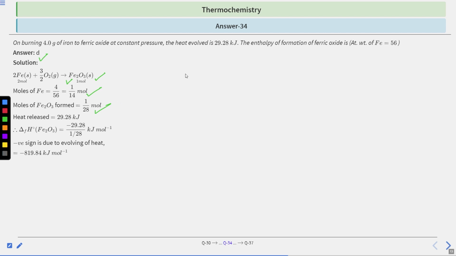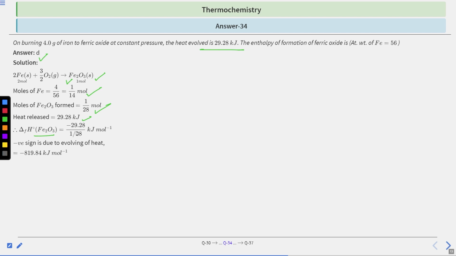And the heat given as evolving is 29.28 kilojoule. So the enthalpy of formation of ferric oxide is given by the heat released divided by the moles of ferric oxide forming. So it will be minus 29.28, the heat released, divided by the moles of Fe2O3 formed, which is 1/28, in kilojoule per mole.